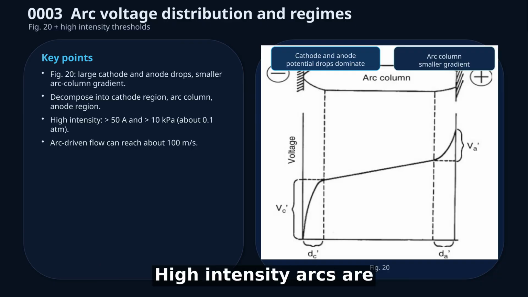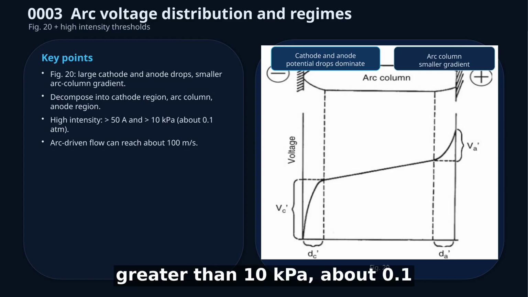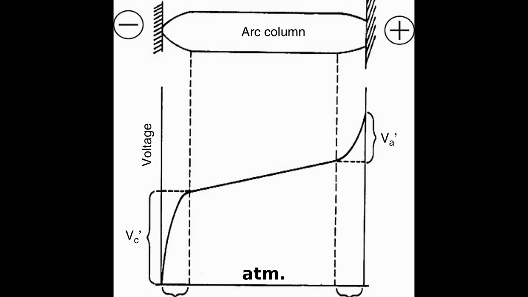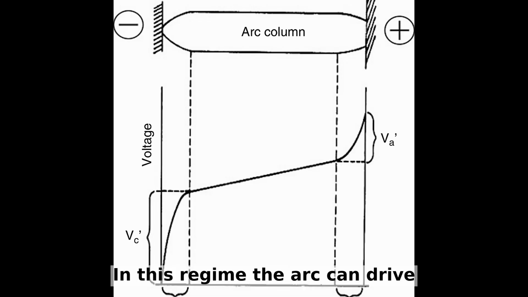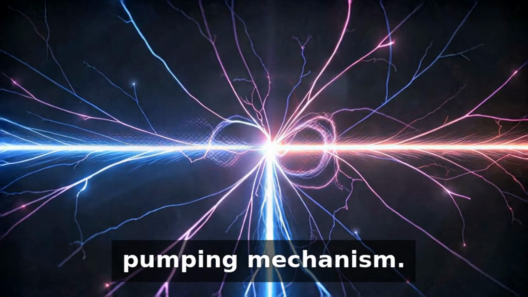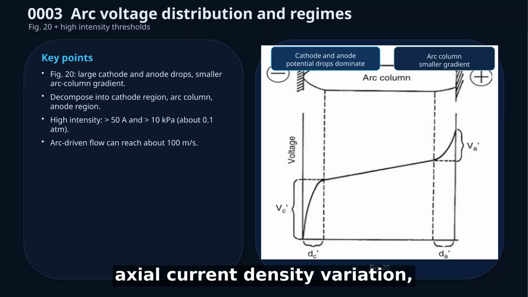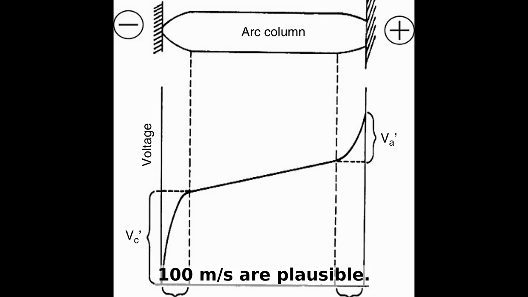High-intensity arcs are characterized here by current greater than 50 A and pressure greater than 10 kilopascals, about 0.1 atm. In this regime, the arc can drive strong macroscopic flow, and changes in the current-carrying cross-section can act like a pumping mechanism. For current above 100 A with axial current density variation, flow velocities on the order of 100 meters per second are plausible.